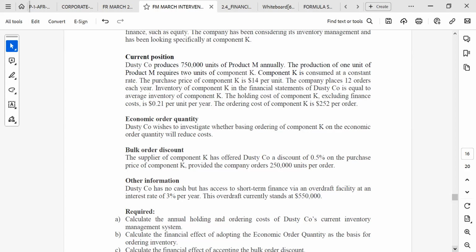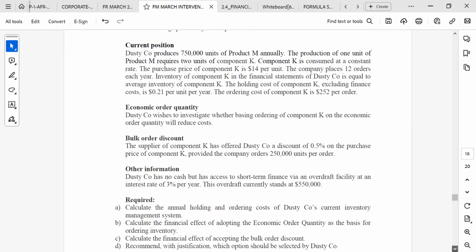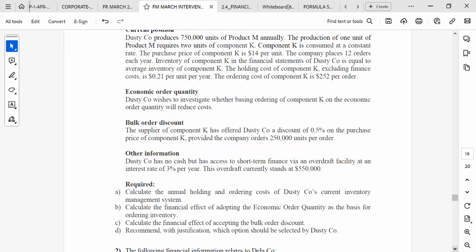Dastico has no cash but has access to short-term finance via an overdraft facility at an interest rate of 3% per year. This overdraft currently stands at $550,000. Required: A. Calculate the annual holding and ordering cost of Dastico's current inventory management system.